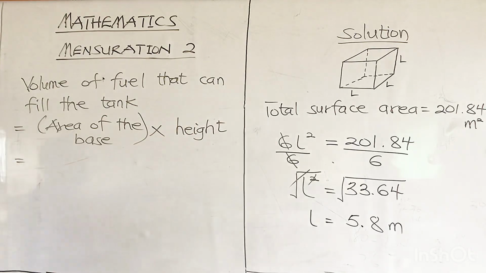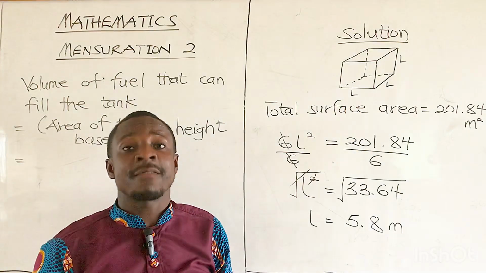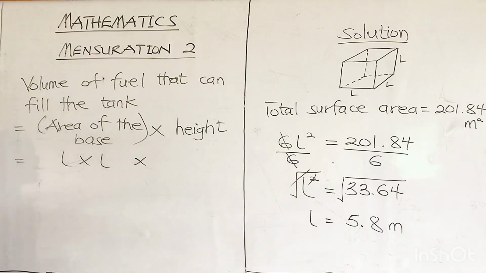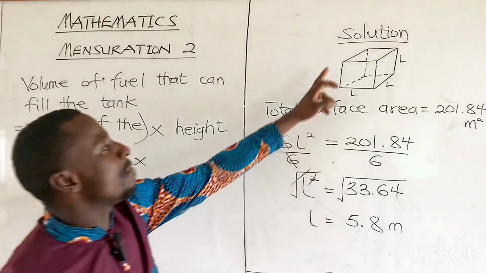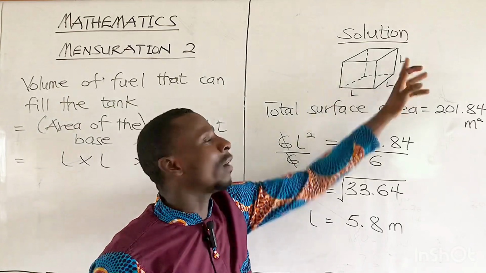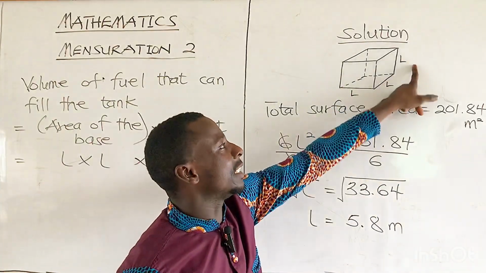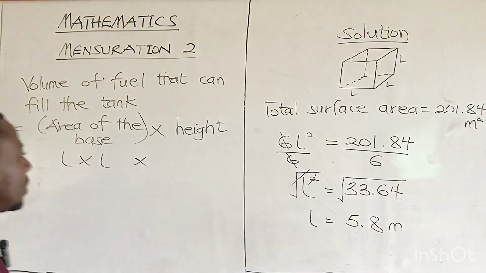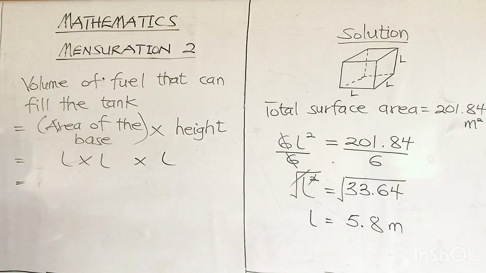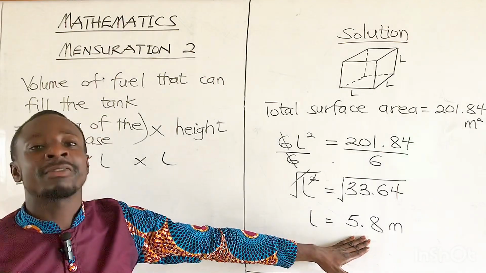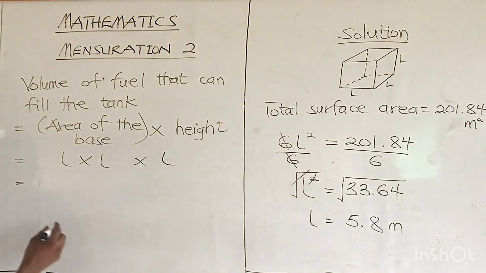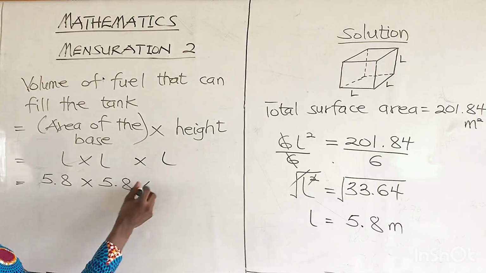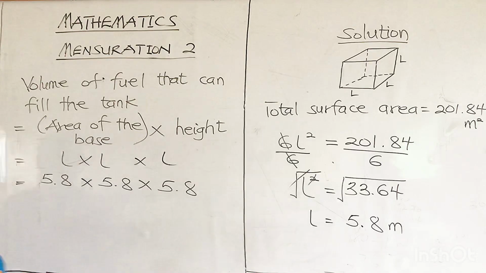Because the base is a square, L times L is the formula. Every cube has all its sides equal to L, so the height is also L. Now we have L to be 5.8 meters, so we have 5.8 times 5.8 times 5.8.